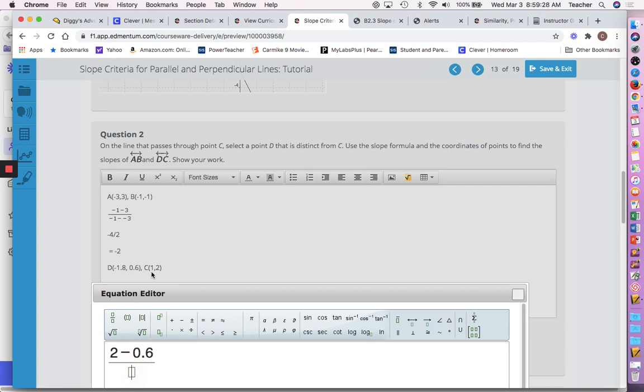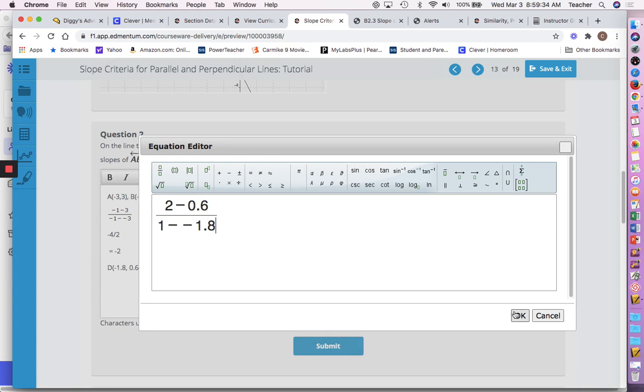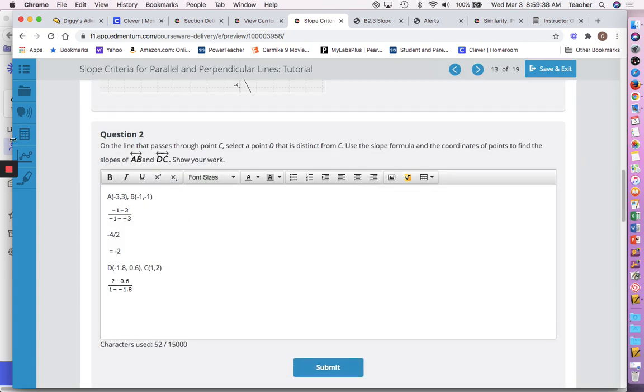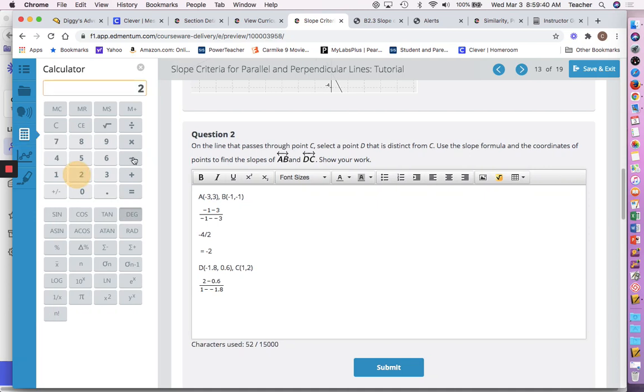And on the bottom, 1 minus a negative 1.8. Okay, so 2 minus 0.6 is 1.4. And 1 plus 1.8 is going to be 2.8.